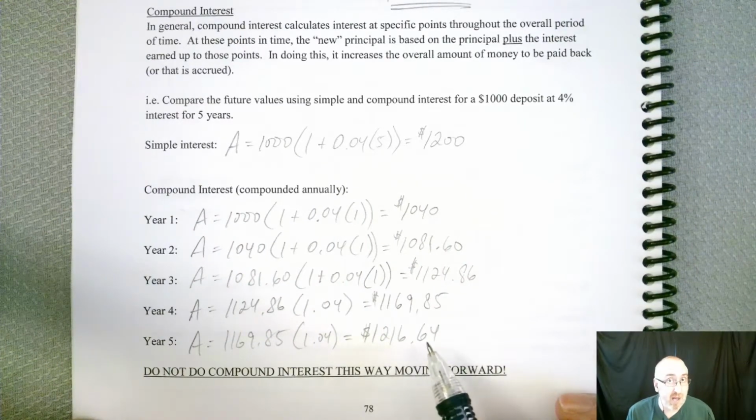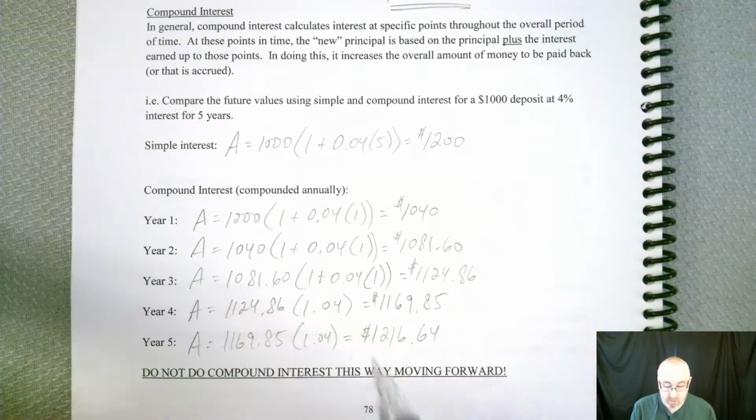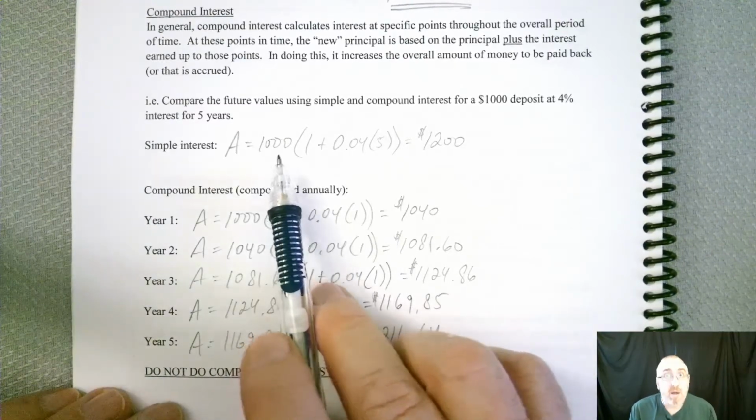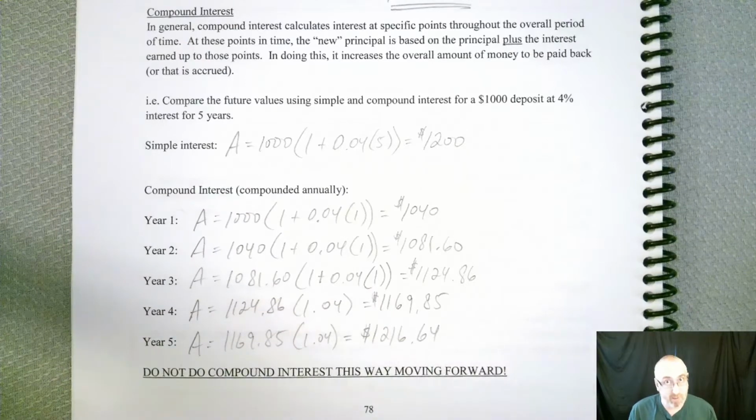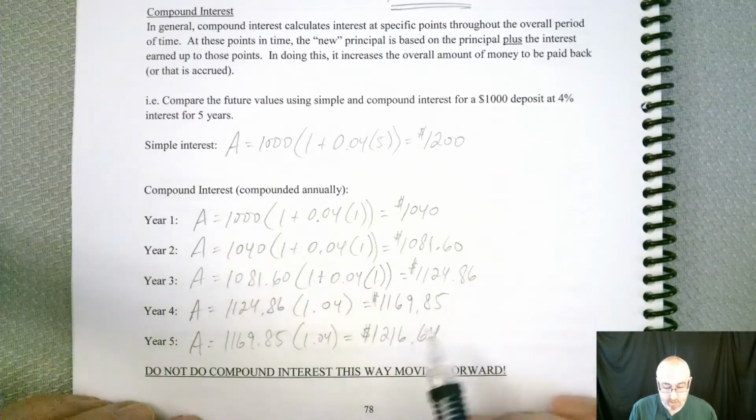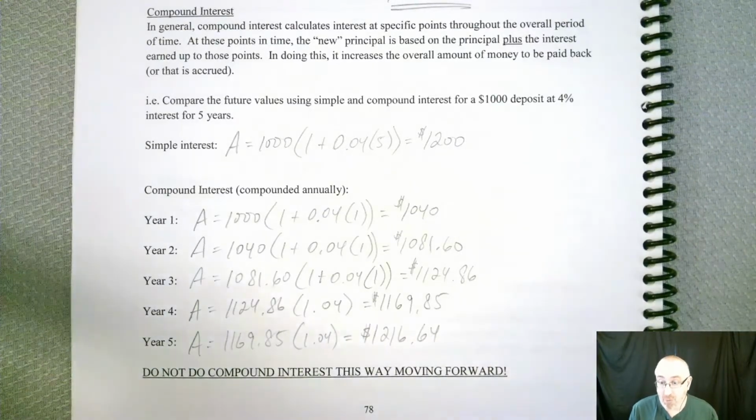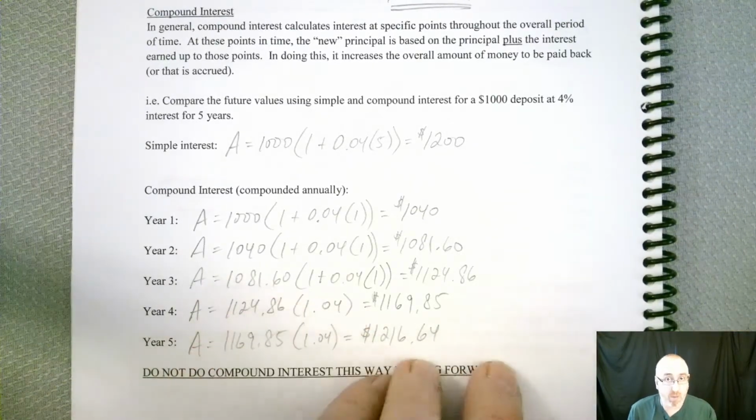Now it doesn't seem like a lot because it's not really a large amount of money. But if you said that this was $1 million, well, then you're making a little bit more money off of that. So it obviously benefits if you have larger sums of money. But the bank uses this as well because sometimes they'll want to get more money out of you.